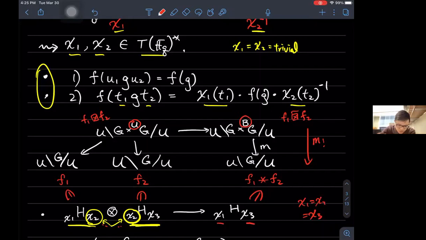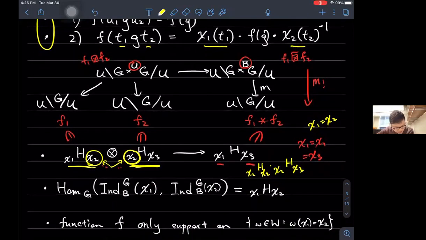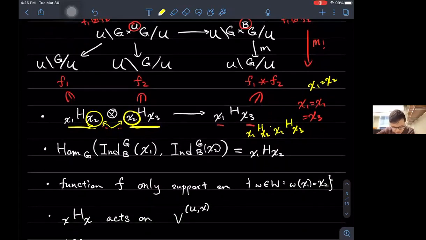And if you only require chi1 and chi2 are the same but not chi3, then you could see that H_{chi2,chi3} is a module over H_{chi2,chi2}. So that's why they are called monodromic Hecke algebra or Hecke module.